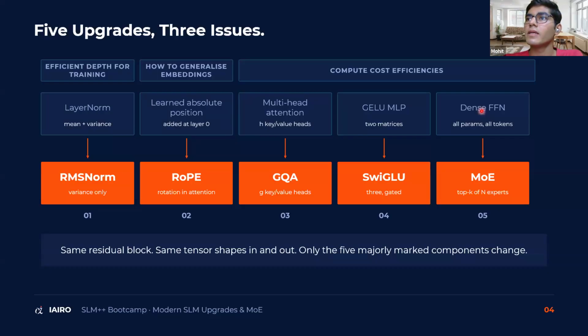The normal feed forward networks possess a high degree of efficiency, but we were not using it that way. So we would leverage that and convert it into different experts. This would be a major run-through of what you should expect from today's session.